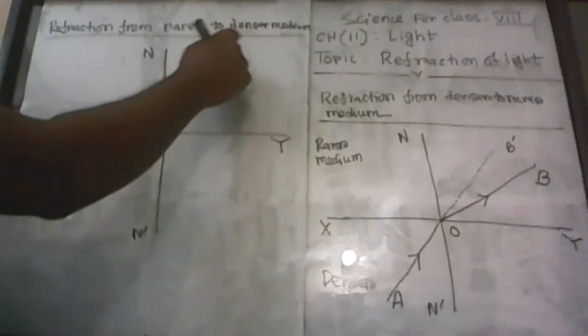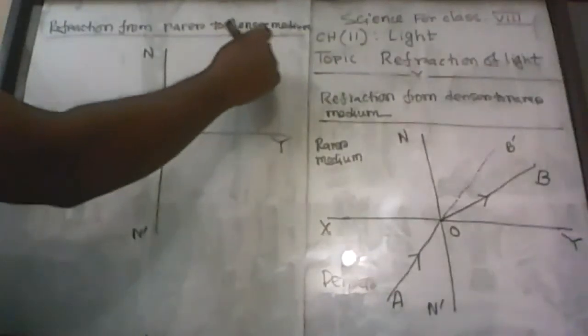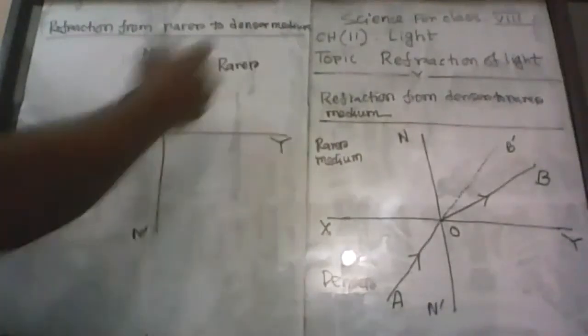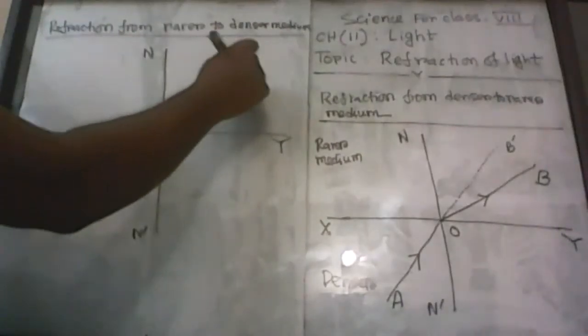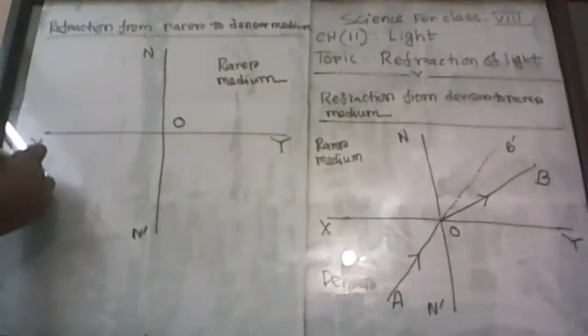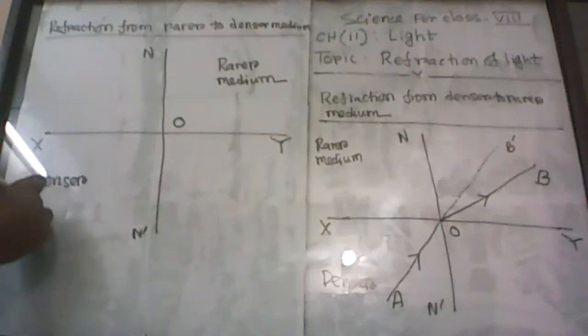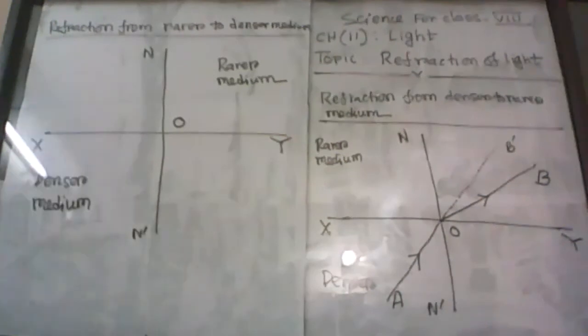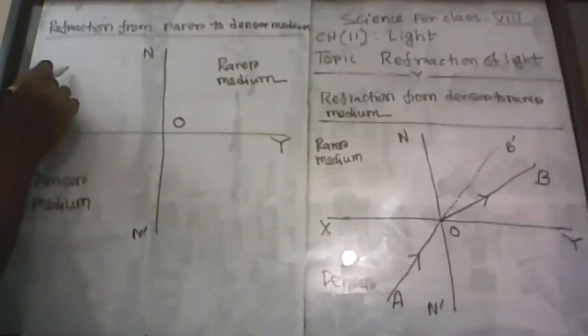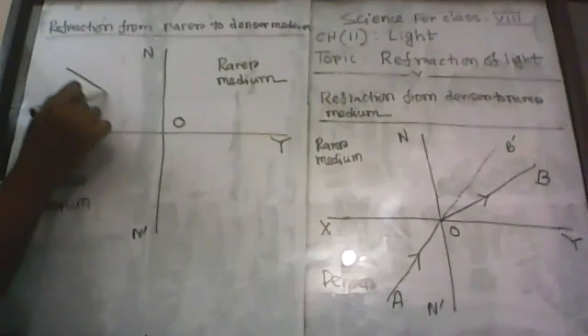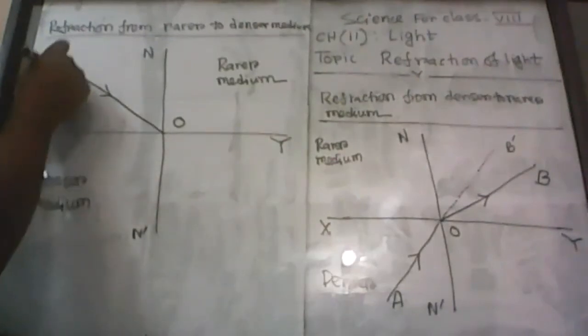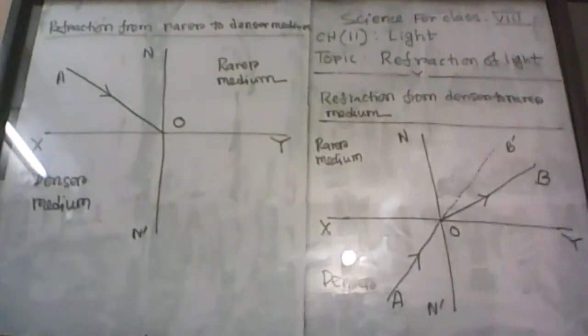Suppose this is rarer medium, a low concentrated medium, and suppose this is denser medium. You see that when ray of light starts to enter from denser medium to rarer medium in this particular path, here AO is the incident ray.